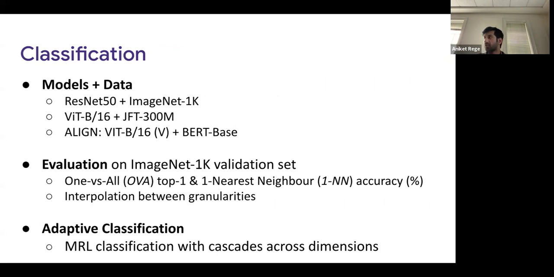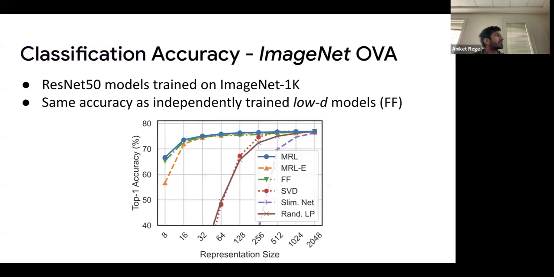This work was in collaboration with Google, so they were able to run things like training a ViT from scratch on JFT, and also ALIGN, which is a multimodal vision plus language technique. So it's a ViT-B/16 encoder and a BERT-based language encoder. I'm going to talk about both one-versus-all accuracy, which is the standard setup, and one nearest neighbor retrieval. I'll also talk about adaptive classification.